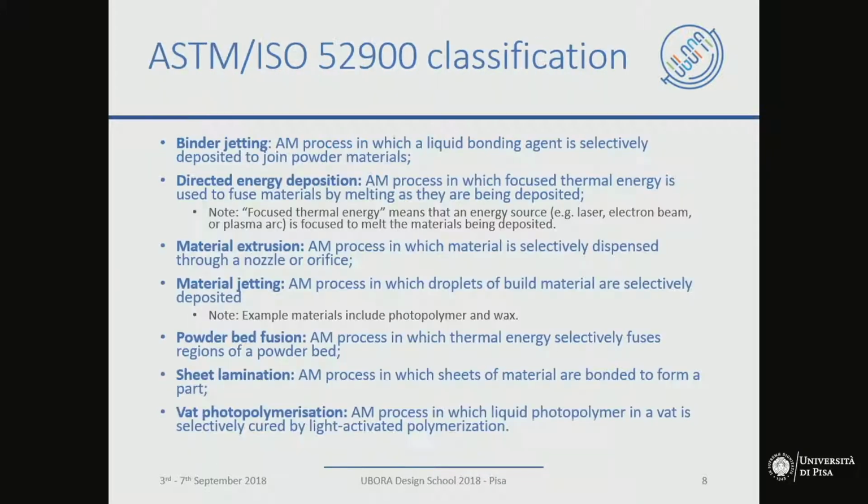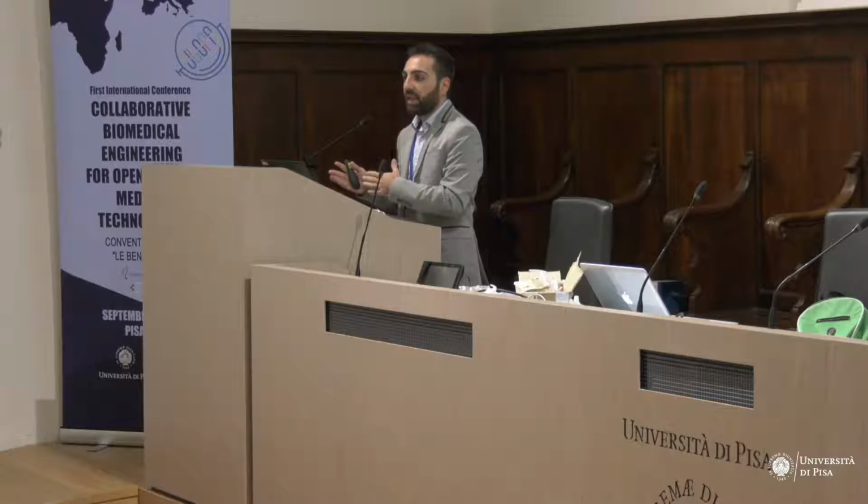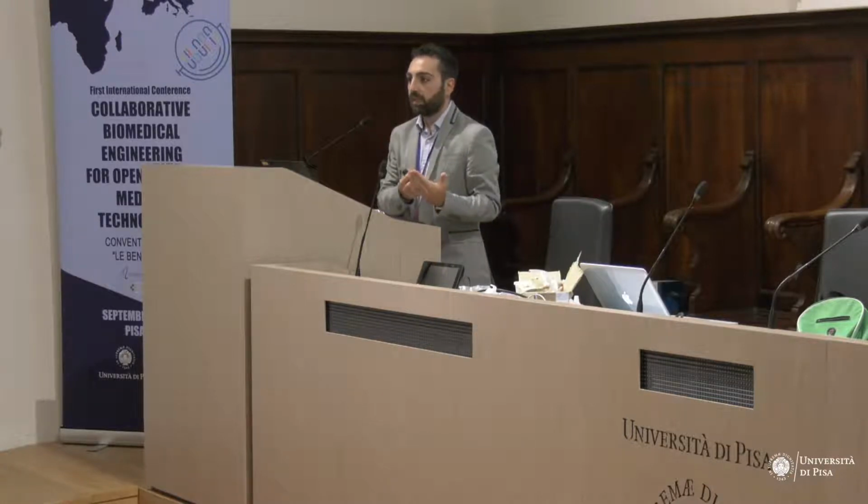They try to classify additive manufacturing technologies in different categories. Why? Because in this way it's faster for people to know what they are selling and to know what they are buying.